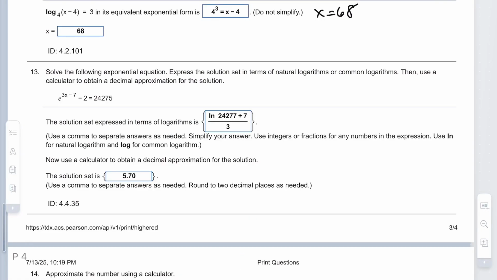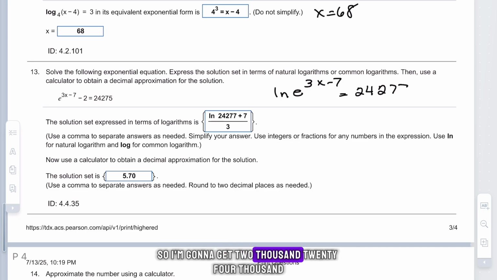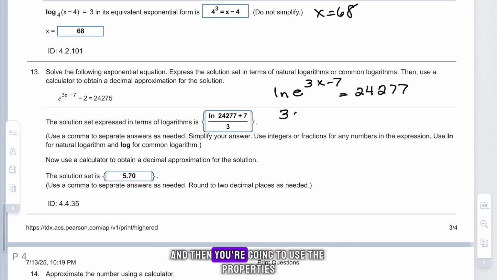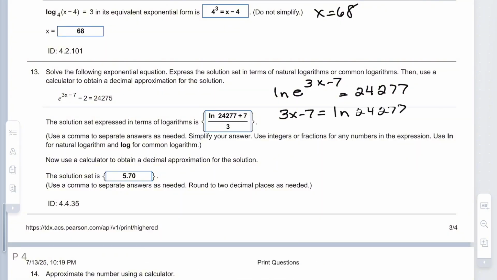So you're going to use the ln of e to the 3x minus 7. And then I'm just going to add 2 to both sides. So I'm going to get 24,277. And then you're going to use the properties, the power rule for logarithms. And that's where you get your, oh, and I forgot to take the ln of the other side.